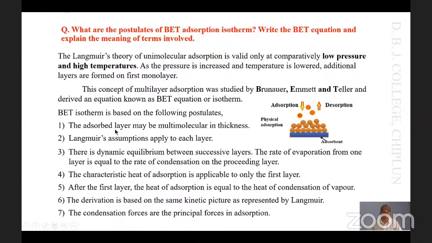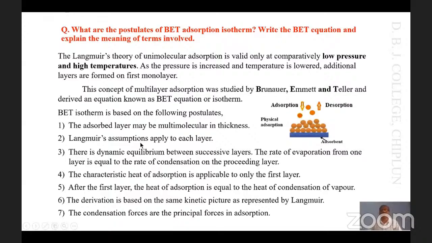The first postulate of this BET isotherm is the adsorbed layer may be multimolecular in thickness. The second postulate is that Langmuir's assumptions apply to each layer present in the adsorption system.